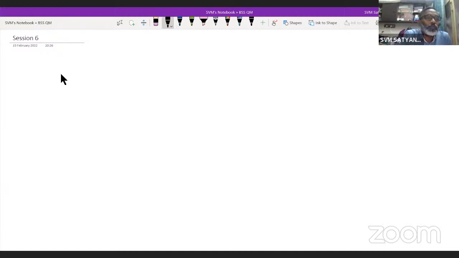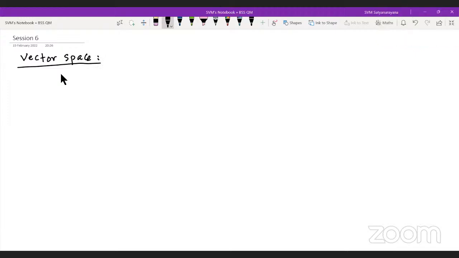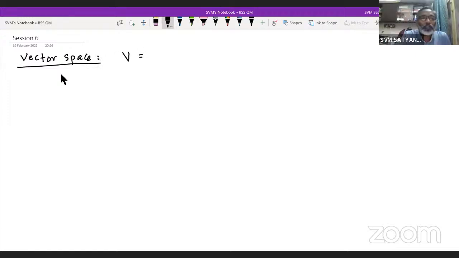So first let us try to talk about the definition of vector space. We have two sets. First one, I will call it the set of vectors.